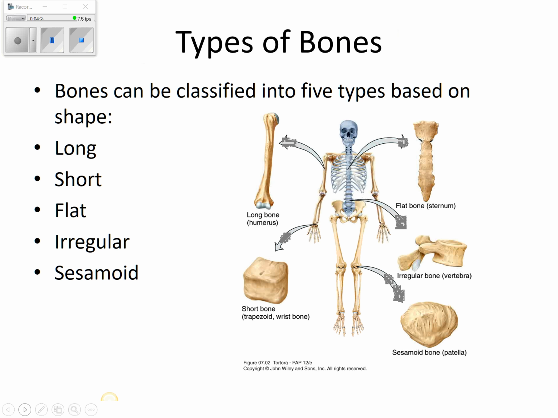First, we're going to talk about the types of bones that we have. Bones can be classified into 5 types based on their shape. So again, I'm going to go through the examples of these on the next few slides, but the long bones, those examples of here would be the humerus, short bones. These are going to be like bones in your wrist, bones like your carpals, flat bones.